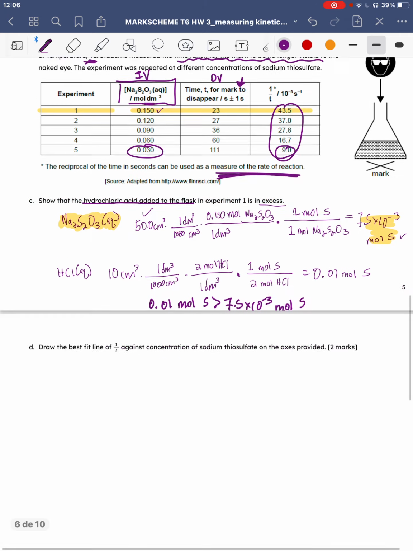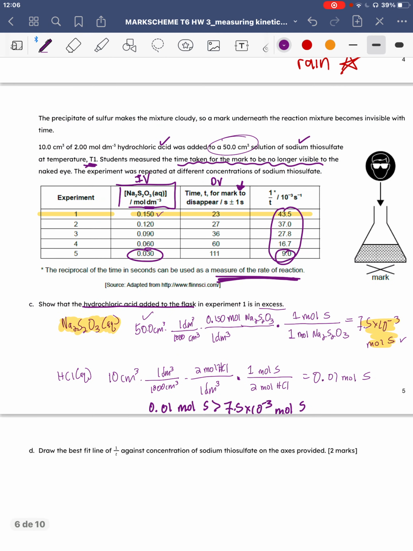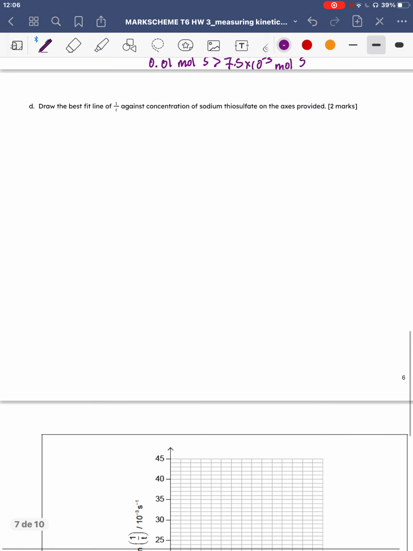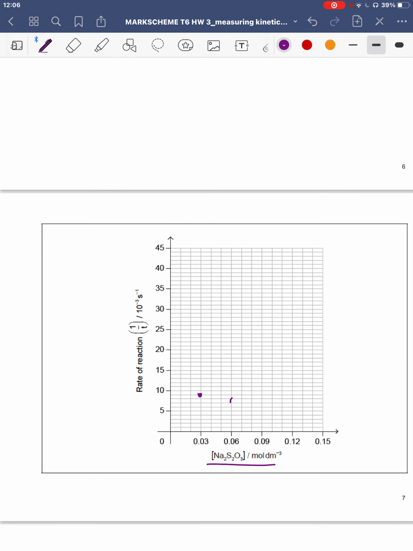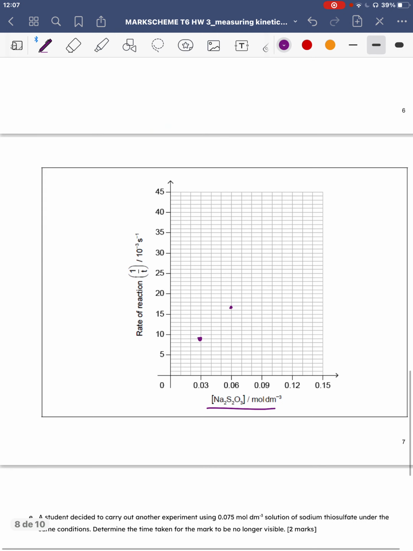0.030 and 9. So I'm going to do 0.030 and 9, and then I have 0.060 and 16.7, right along here, 0.09 and 27.8, should be somewhere in there.